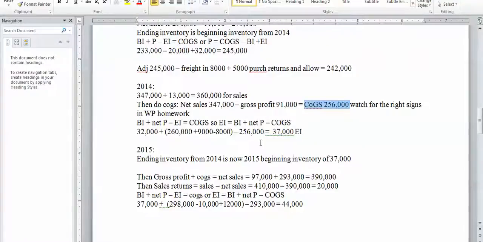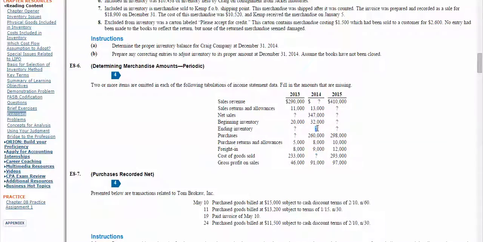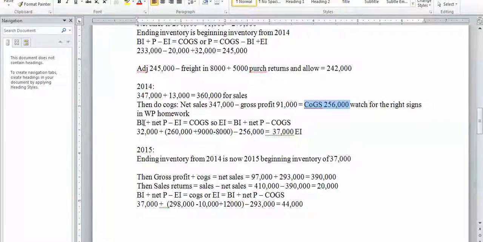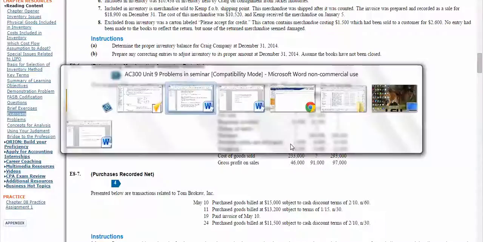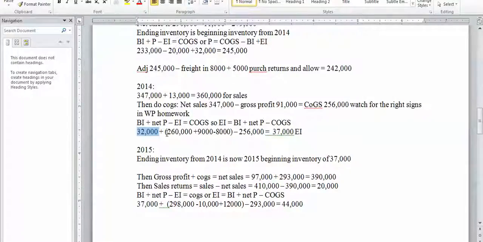Alright, so let's get the final one, ending inventory. We're going to use beginning inventory plus purchases minus ending inventory equals cost of goods sold. The same one we used before, but we have to move stuff around because we want ending inventory. We'll take 32,000 as our beginning inventory, plus purchases.